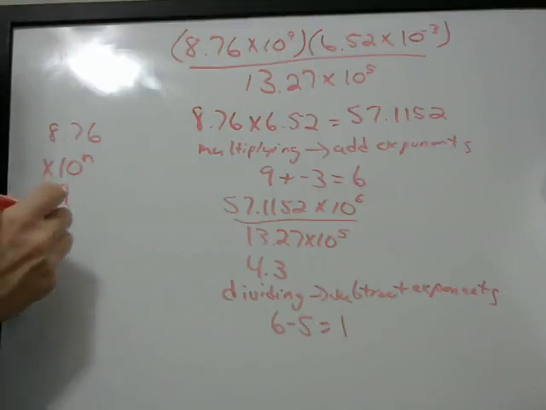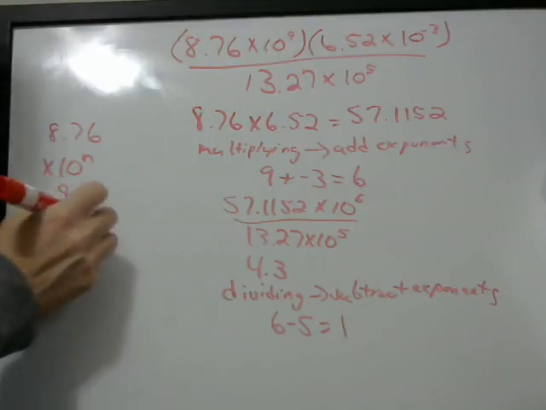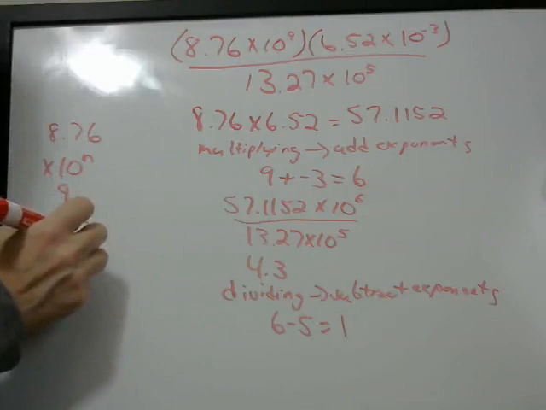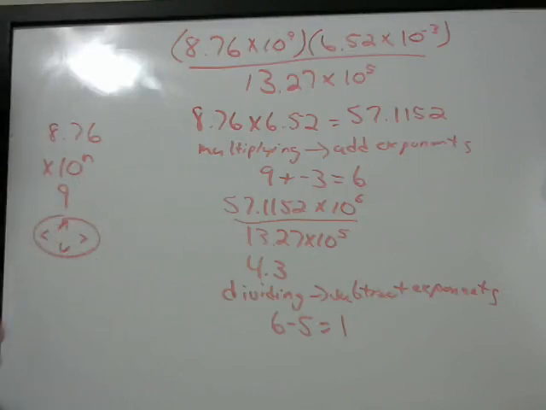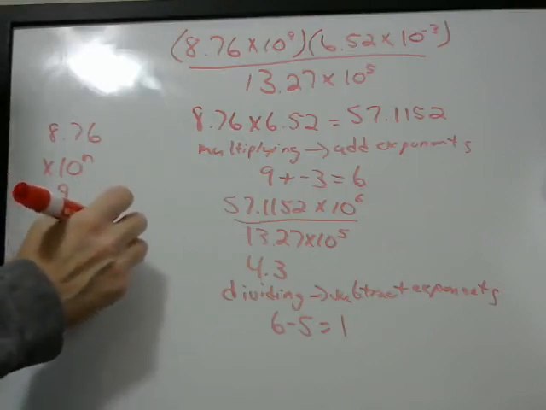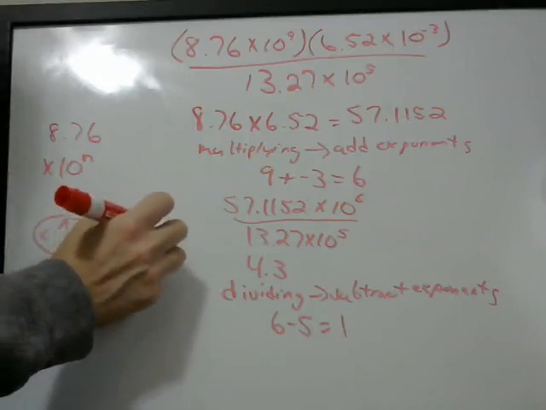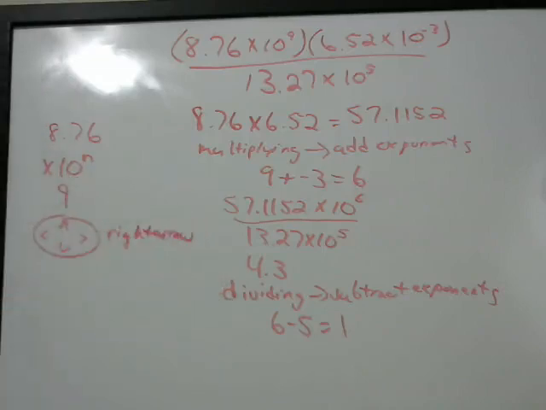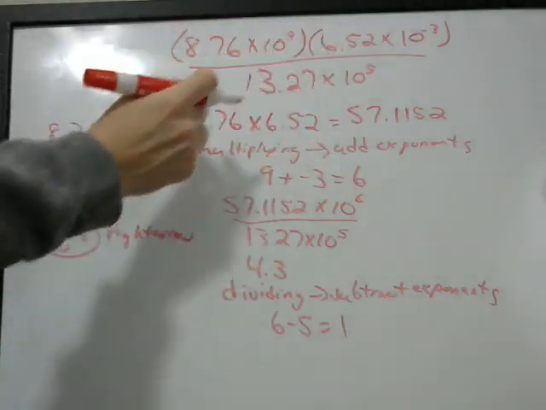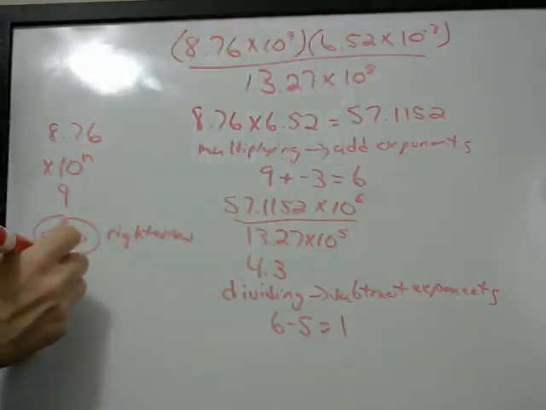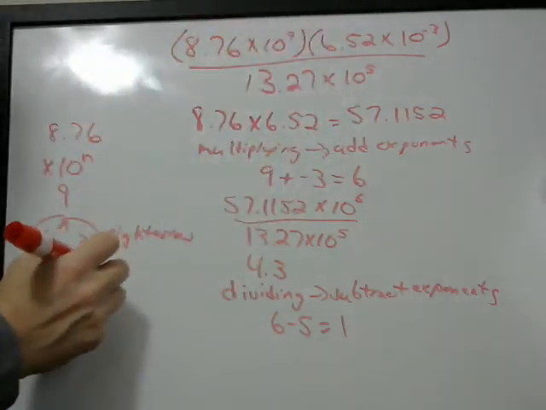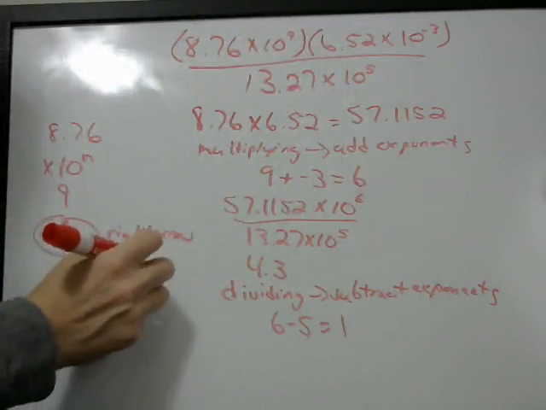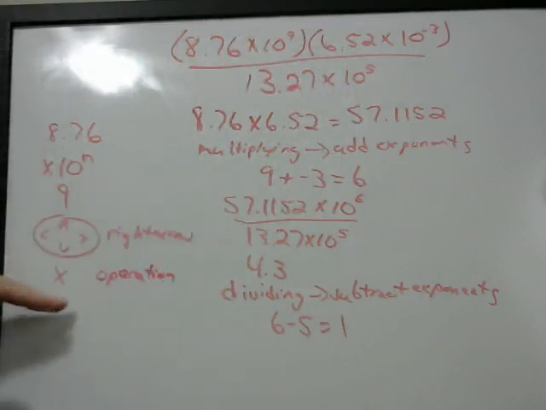and then you're going to hit the right arrow. So there's this thing, it's kind of in an oval where they have different arrows. So you're going to hit the right arrow, and then you're going to hit the operation. So here we're multiplying, so you're going to hit the times button. If you were adding or dividing, you'd hit the appropriate button. So if you're adding, you'd hit the plus button.